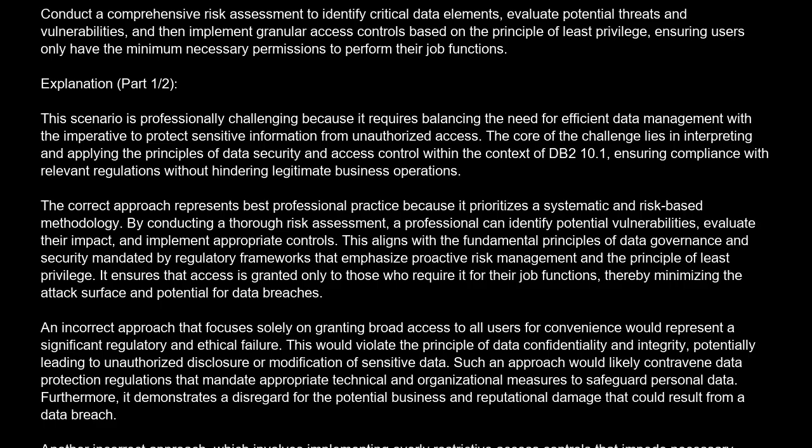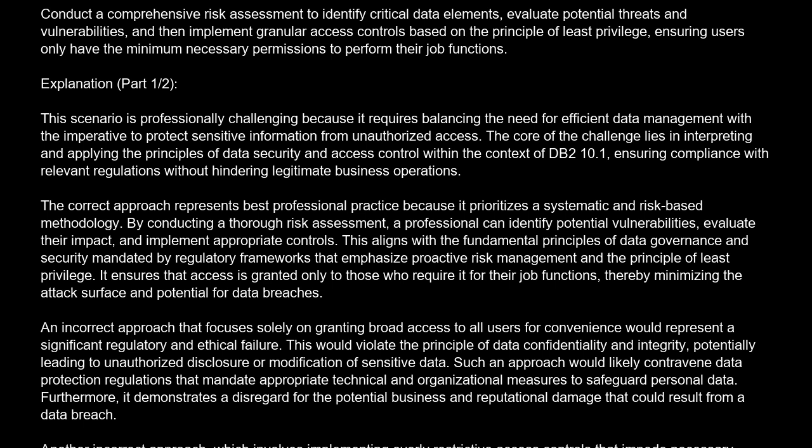The core of the challenge lies in interpreting and applying the principles of data security and access control within the context of DB2 10.1, ensuring compliance with relevant regulations without hindering legitimate business operations. The correct approach represents best professional practice because it prioritizes a systematic and risk-based methodology.